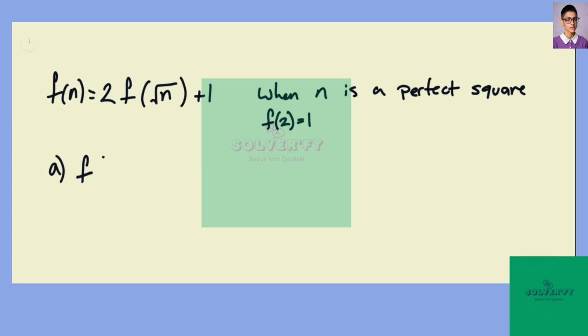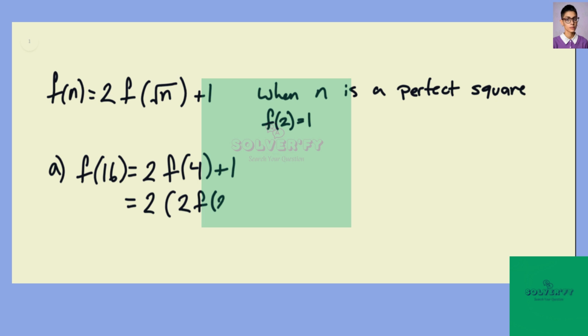Okay, so f(16) is going to equal 2 times f of the square root of 16, which is 4, plus 1. This is going to be equal to 2 times, so now we're going to put f(4) in here, which is 2 times f(2), the square root of 4, plus 1, plus 1.